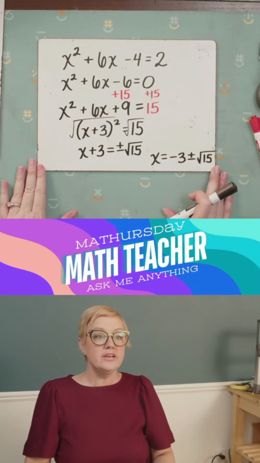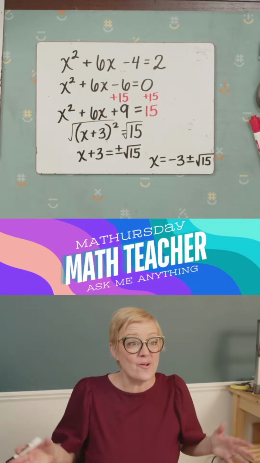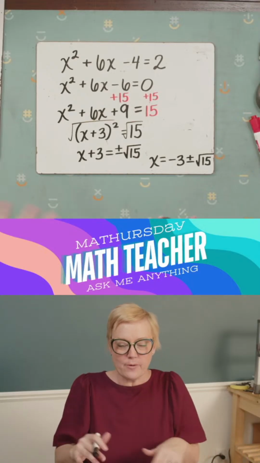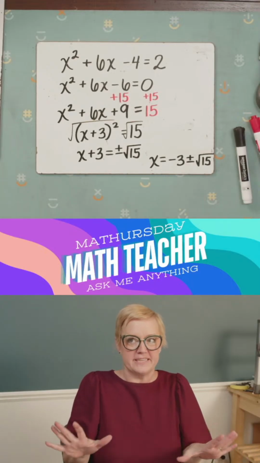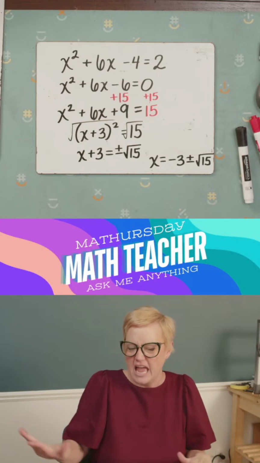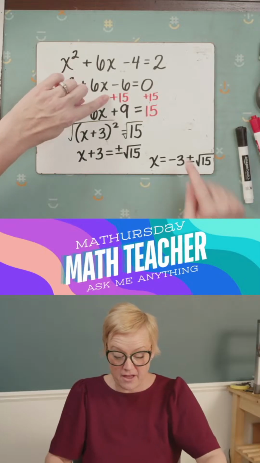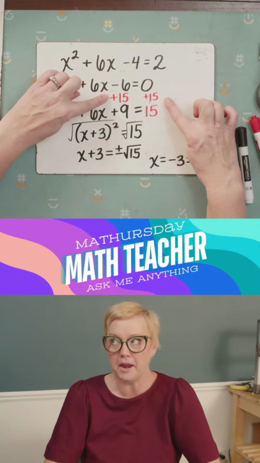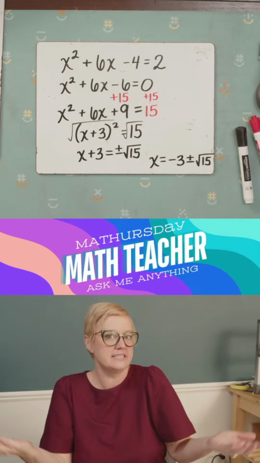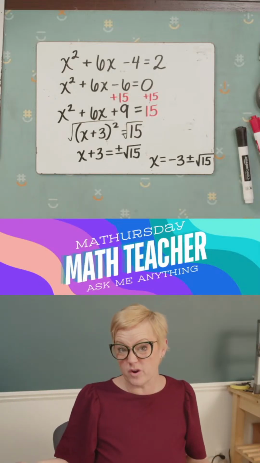Now, I know, right, Jesse? You don't know you can just add a value, but that's why I love completing the square, because it feels a little sneaky, like I'm not supposed to just be able to add a value, but I can. I can just add a value as long as I do the same thing on the other side. Why not, right? It's still the same thing. That's how we solve equations.